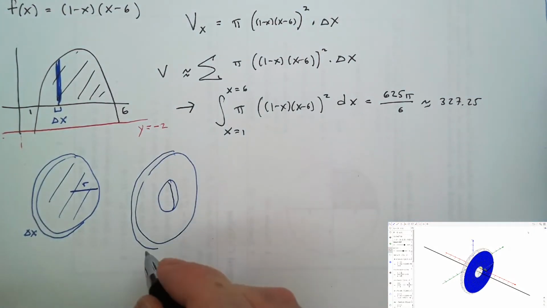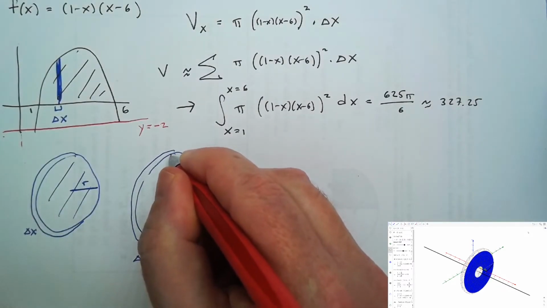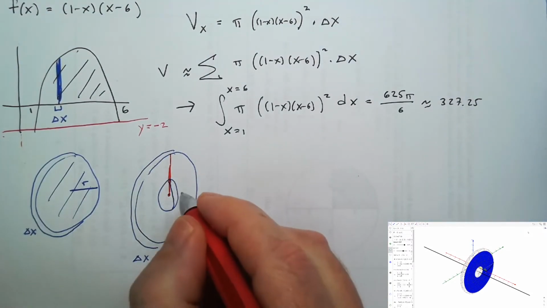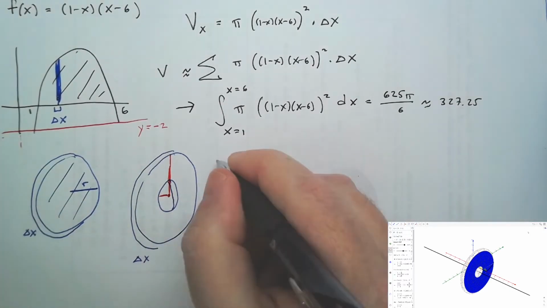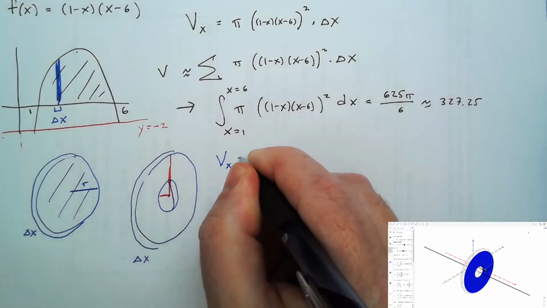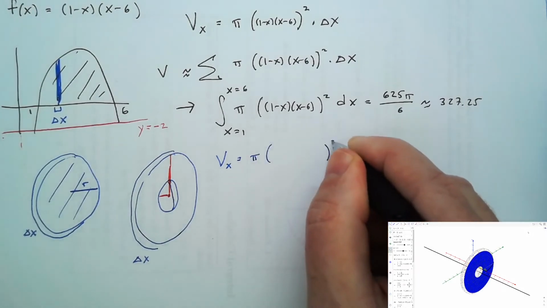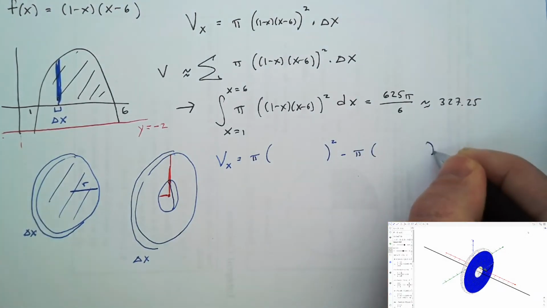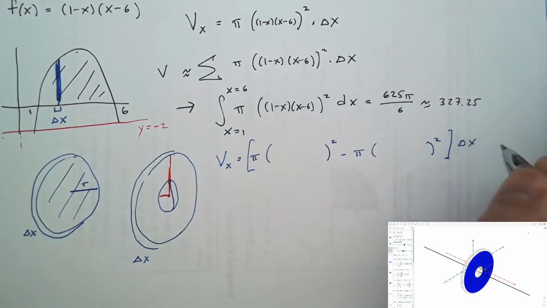What will the volume of this washer be? Its thickness will again be delta x, and the cross-sectional area will be the area of the large disk minus the area of the small disk. So the volume of our x slice in this case will be pi times the big radius squared minus pi times the small radius squared, all times the thickness of the slice, delta x.